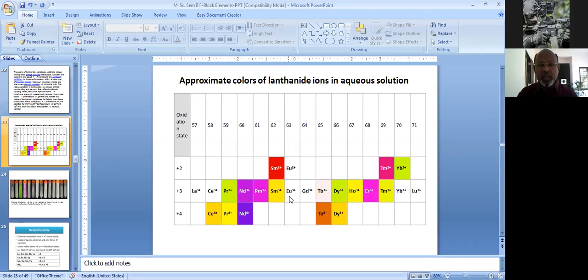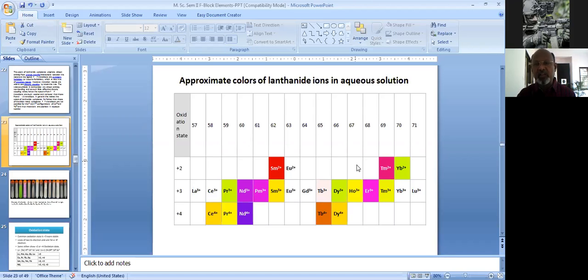So lanthanum, cerium, europium +2, europium +3, lutetium +3 and ytterbium +3, these are the members which are colorless. Rest all other elements show one or the other color.